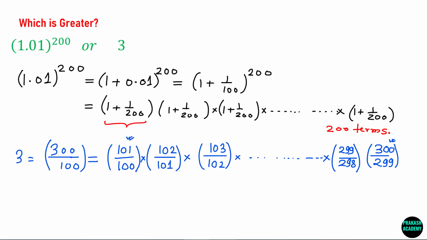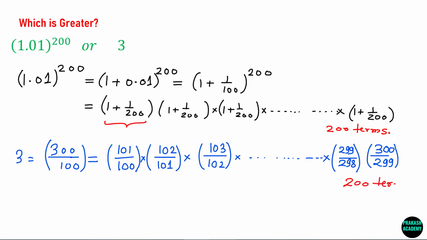You can verify yourself, because 300 minus 101 gives you 199, but 101 is also a term, so this will be 200 terms. Similarly, you can subtract 299 minus 100, that is 199, but 100 itself is a term, so this will be 200 terms. So this verifies that this expression also has 200 terms.